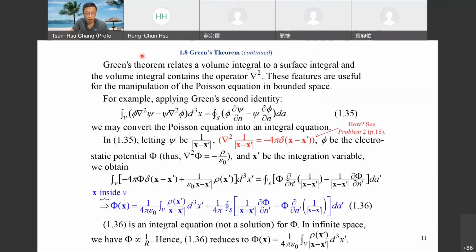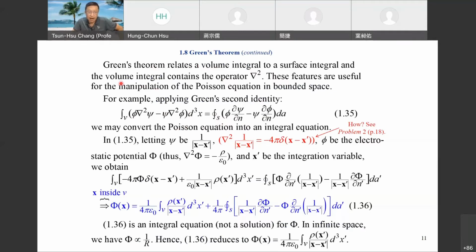Okay, Green theorem relates a volume integral, this is the volume integral, to a surface integral. And this volume and this surface are closely related because the surface must enclose the volume.